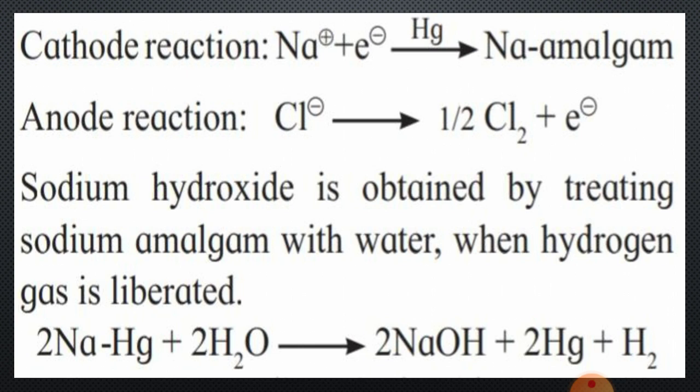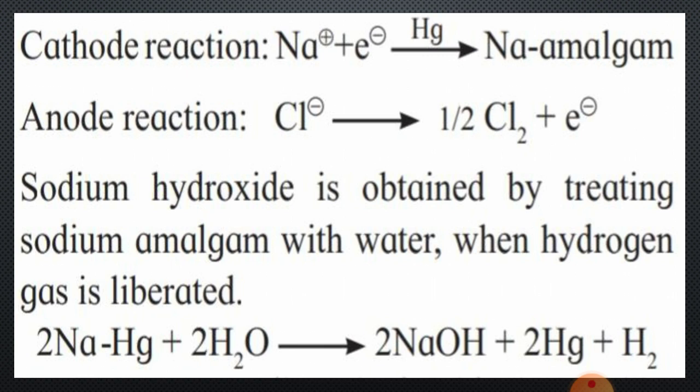This is the reaction. At the cathode, sodium will get deposited: Na+ gains an electron and gets converted into sodium amalgam.